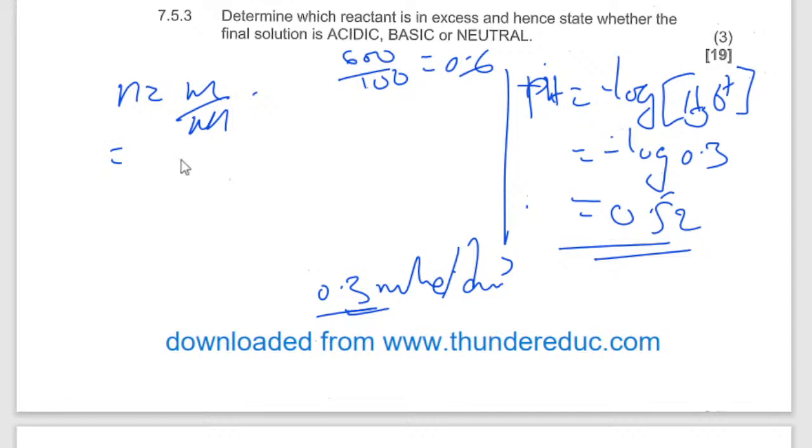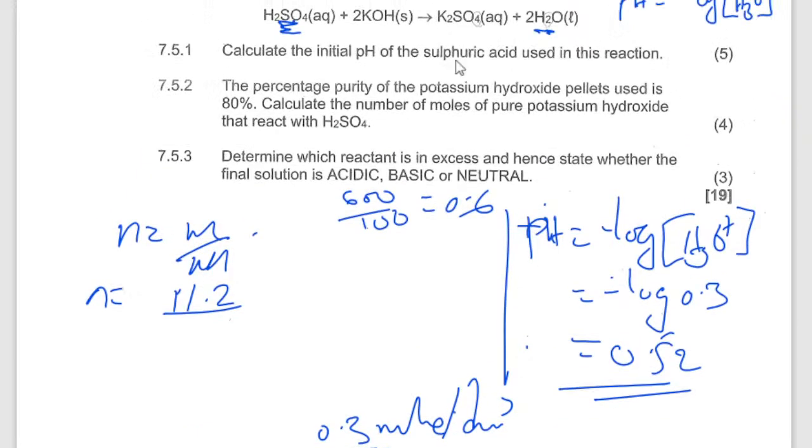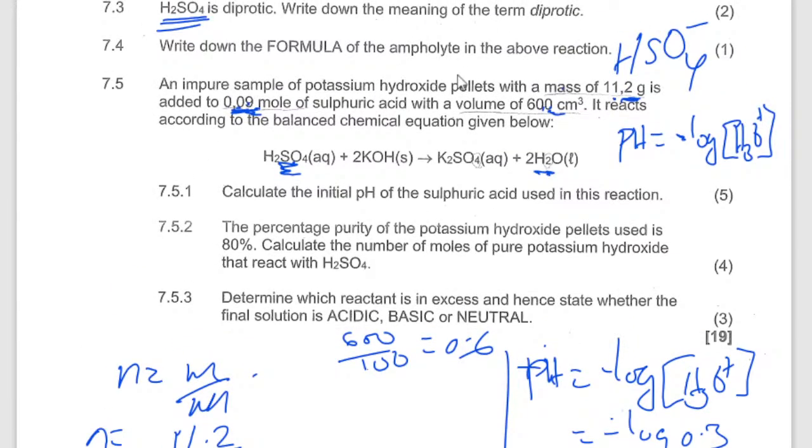So the number of moles in this case is equal to the mass which was given in the question, 11.2, over the molar mass of potassium hydroxide.